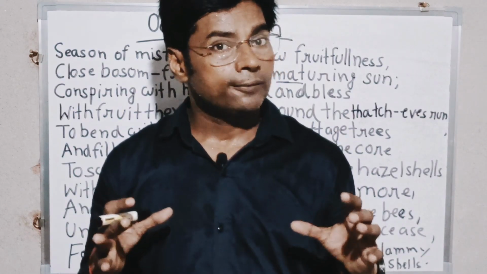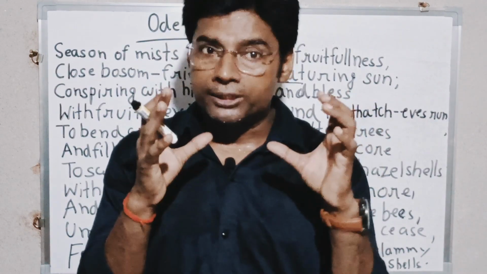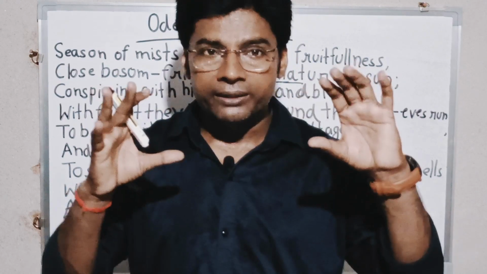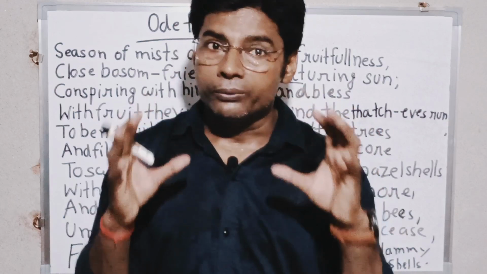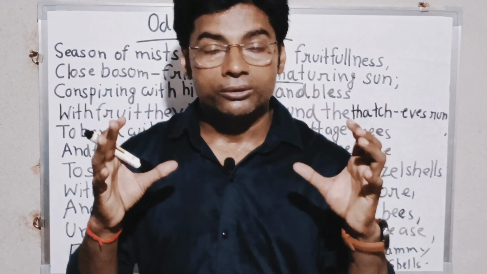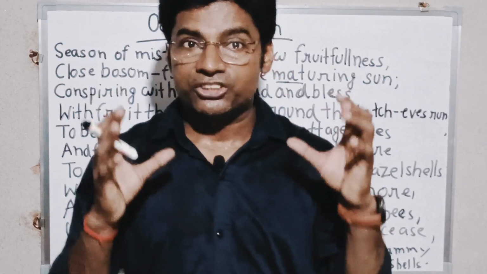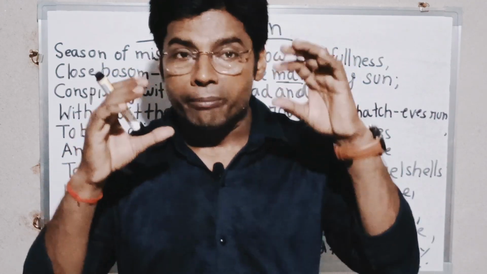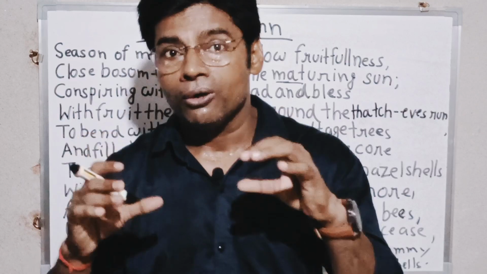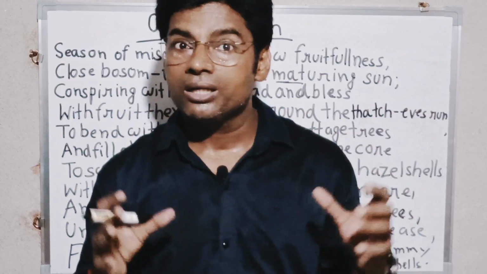So he says that all those apple trees covered with green moss are loaded with fruit in so much abundance that the branches almost bend and are almost touching the ground.